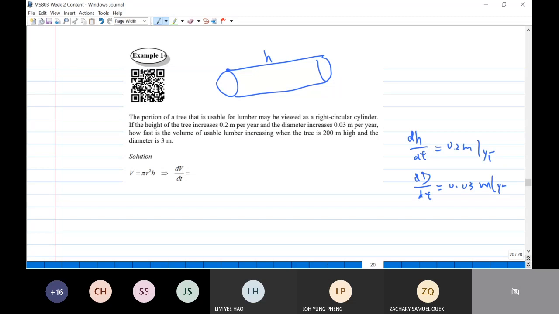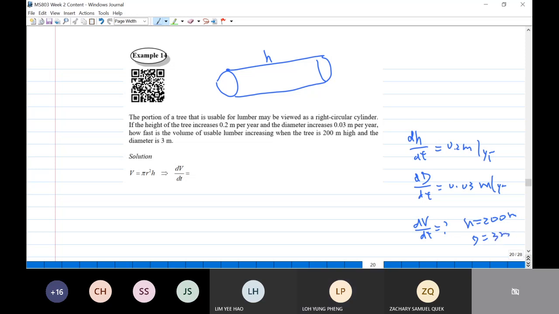How fast is the usable volume of the lumber changing? We want the rate of change of volume when the tree is 200 meter high and the diameter is 3 meter.